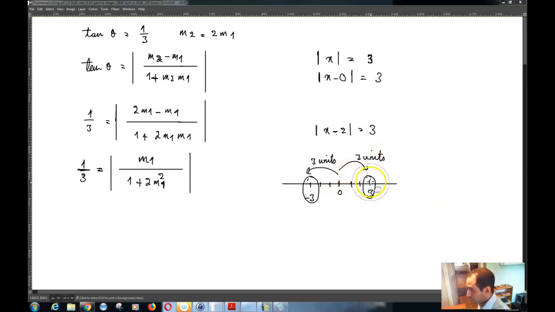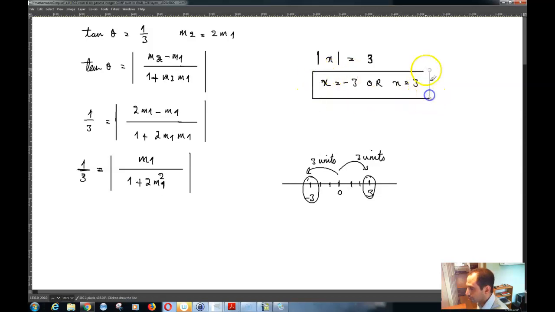So again, over here, what you can do to solve this equation is say that x is equal to -3 or x is equal to +3, and that's basically the solution set of this absolute value equation.